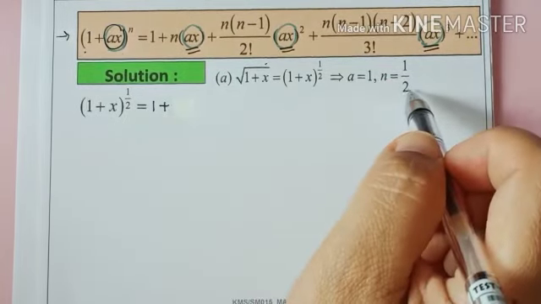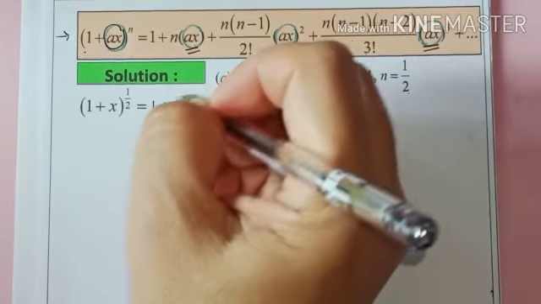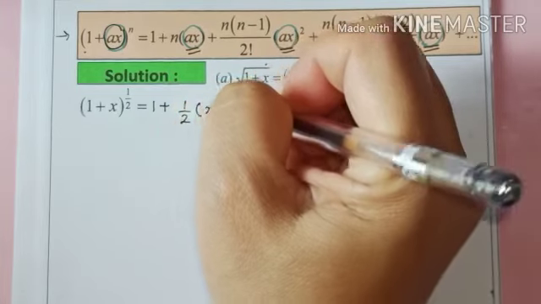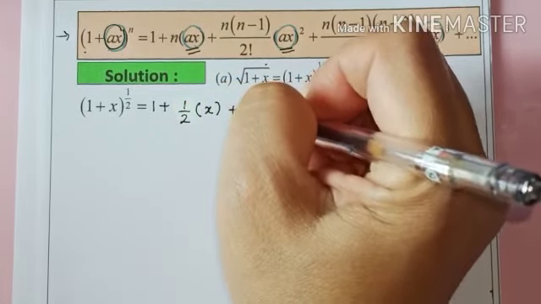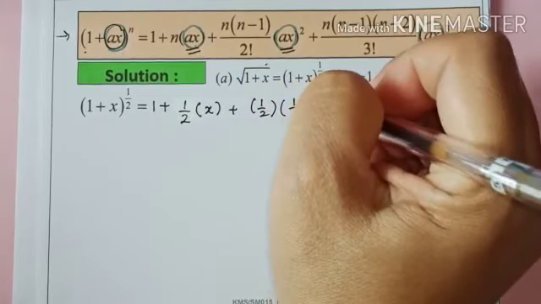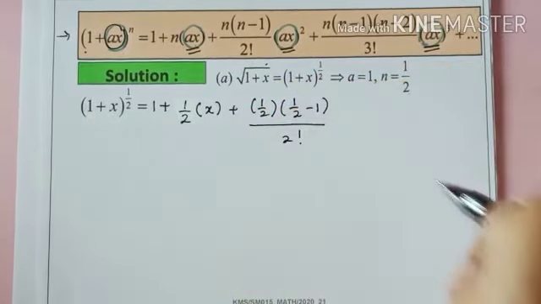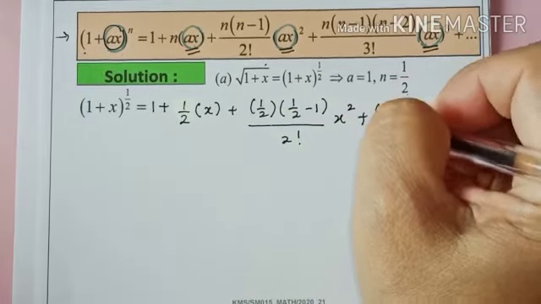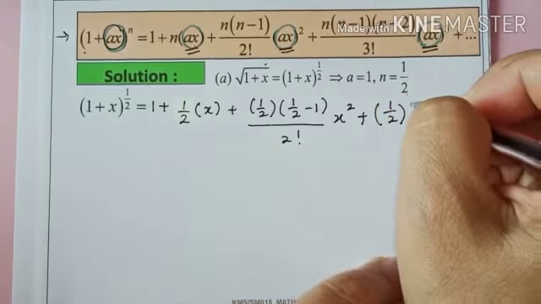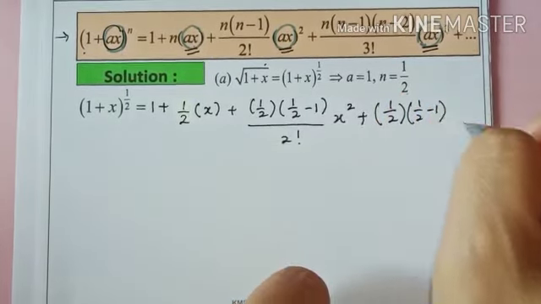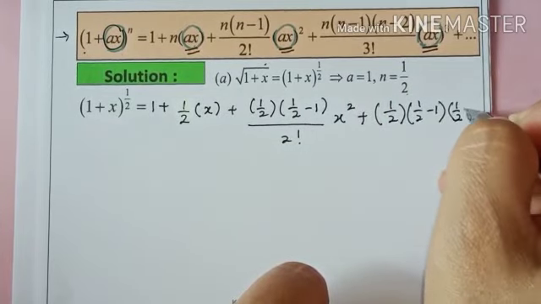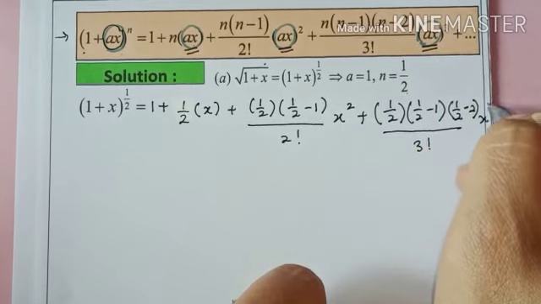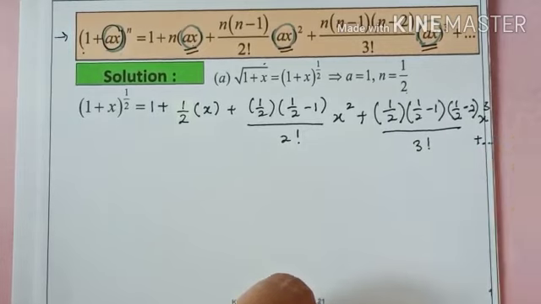Then we substitute these values into the formula: 1 + (1/2)(x) + (1/2)(1/2 - 1)/2! x^2 + (1/2)(1/2 - 1)(1/2 - 2)/3! x^3 + dot dot dot.